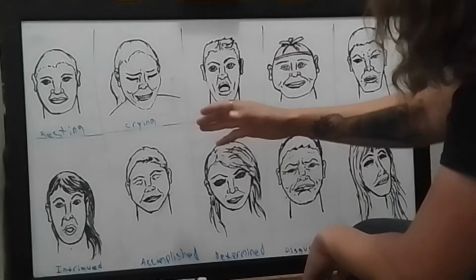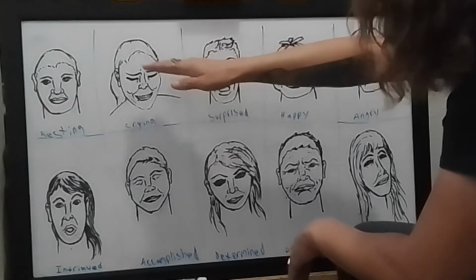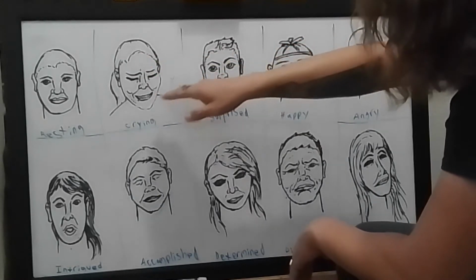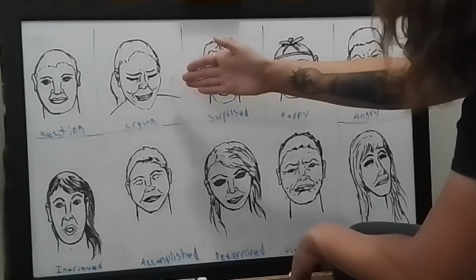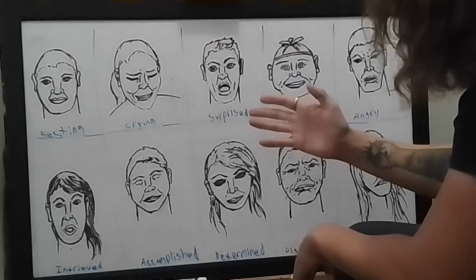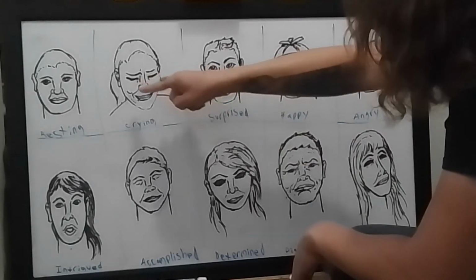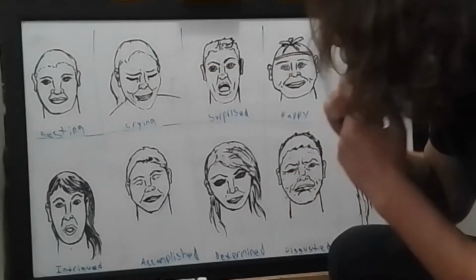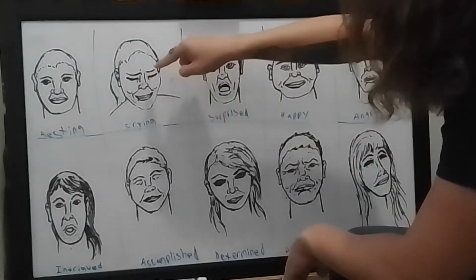Crying. Now, notice how curved these lines are. Notice the way that they curve, right? This person is just trying to keep it together. You can see that the mouth is turned up at the sides, but there's tension, right?